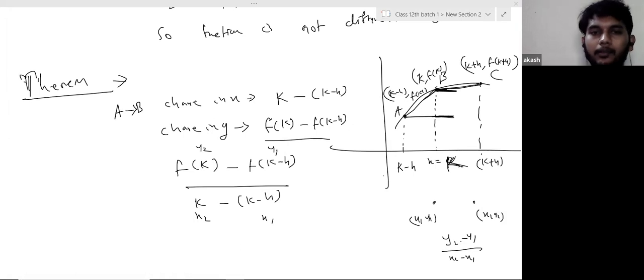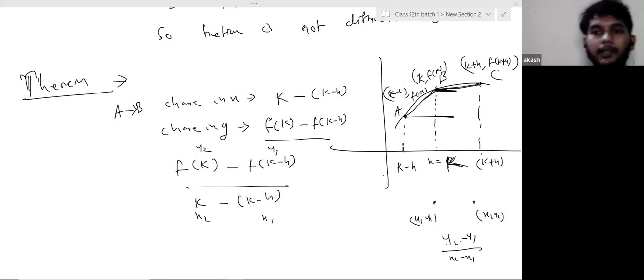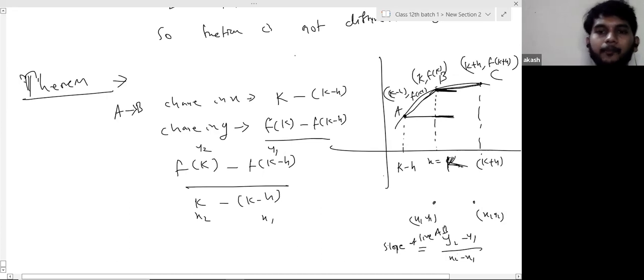Not distance formula. This is the slope of the line AB, right? Slope of line AB. Is this clear? Slope of line is y2 minus y1 upon x2 minus x1. So we can say the change in y with respect to x is nothing but the slope of line AB.